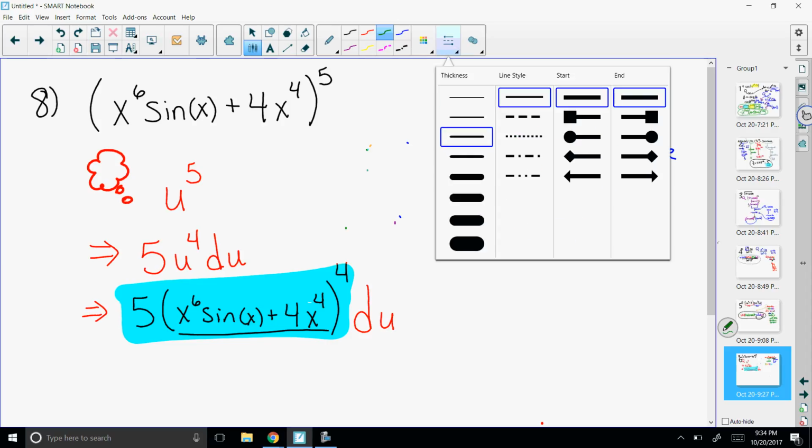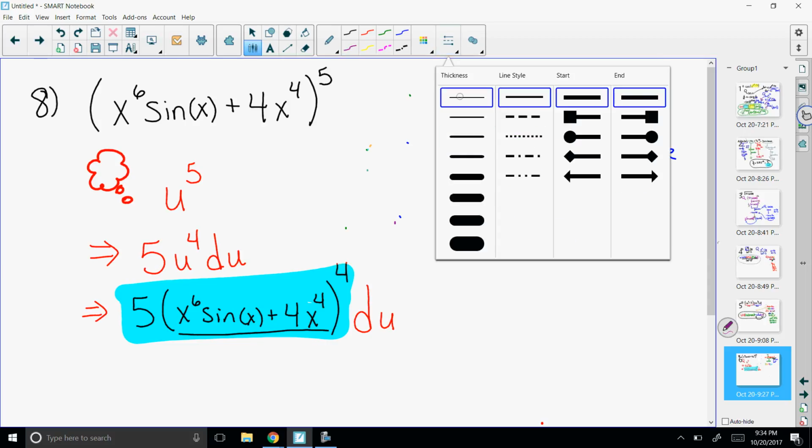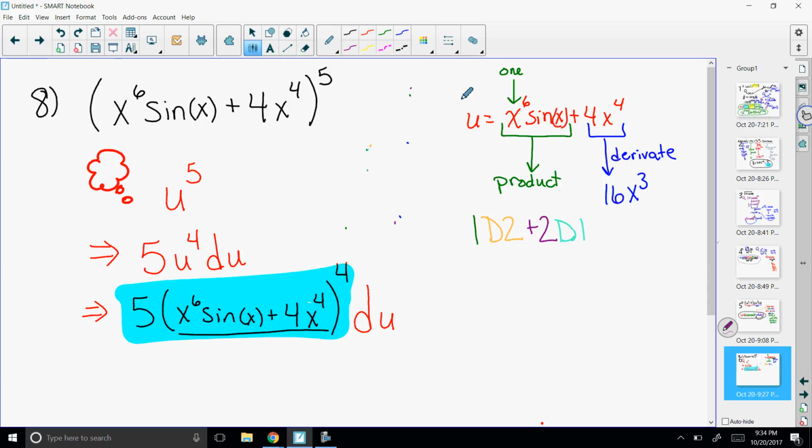So we're going to mark some of these here. So x to the 6th is 1. And 2 is going to be that second factor, which is the sine x. That's my 2 value, just sine x.